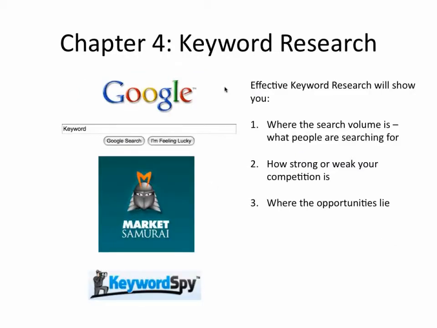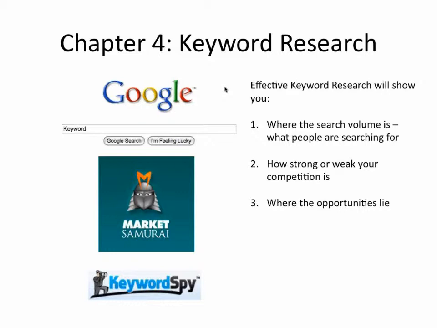Basically, keyword research is going to come into fruition in so many different ways of your online marketing strategy. One, like Chris mentioned, if you are a florist in Dallas, you want to know how many people are typing in Dallas wedding flowers or Dallas wedding florists.